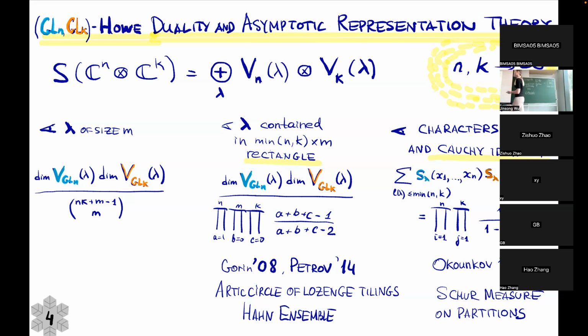And the asymptotical problems related to the Howe duality have been widely studied. First, we can consider diagrams of size M, or we can consider diagrams which are contained in a rectangle, which was studied by Schur, and it's also related to the Arctic circle of lozenge tilings and the Hahn ensemble.